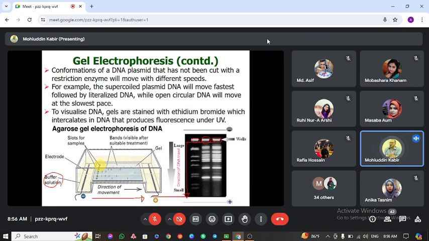That means we switch on to have the electrical flow. So these bands are smaller bands that have moved very fast. These bands are large bands that have moved slowly.